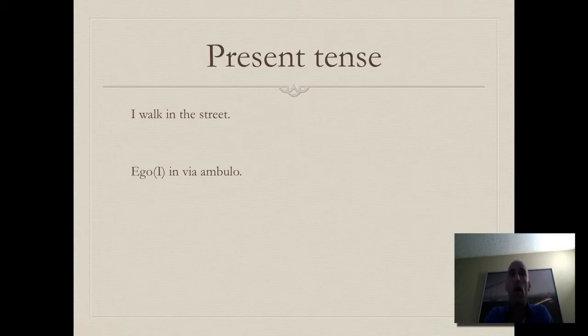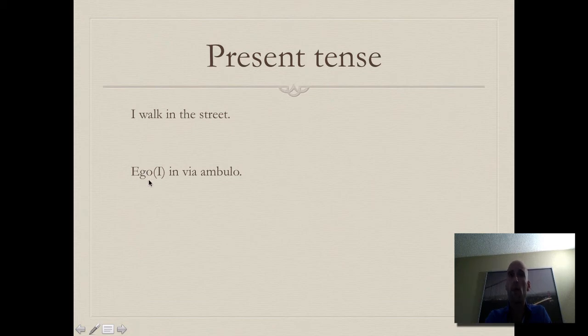Present tense. So I just want to go over the fact that all we have learned thus far in Latin is the present tense. I walk in the street. We have not had I because this is first person singular. So I, that pronoun is ego in Latin.